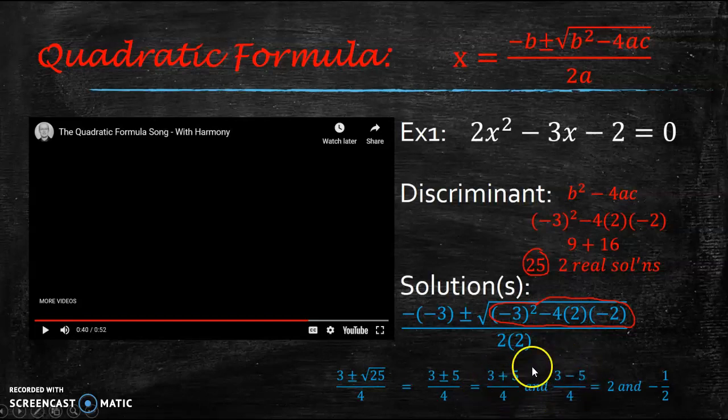This is how you end up with two real solutions. When you simplify the first one, 3 plus 5 is 8. 8 divided by 4 is 2. And then 3 minus 5 is negative 2. Negative 2 divided by 4 is negative 1/2. So therefore our solutions are 2 and negative 1/2.